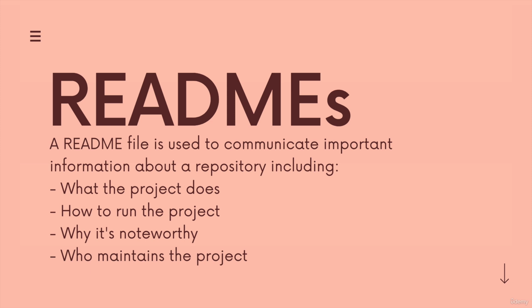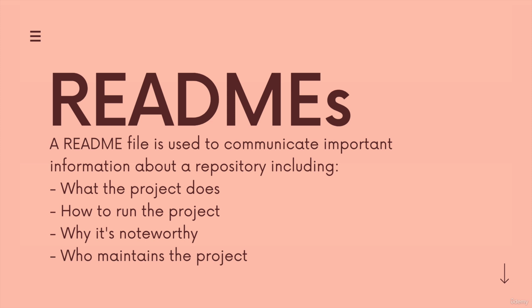It's a file that is supposed to explain what your project does, whether you're working on some API or a web application, a video game, or even if you're a government using GitHub to make laws and legislate, whatever your repo is, the README file should include information about what the project does, what it's for, who it's for, how to get started with the project, how to run it and install dependencies if necessary, why it's noteworthy, who maintains the project, how to collaborate on the project, how to get help. Not all of that has to be there, but if there's important information you want to convey to somebody coming to your project for the first time, then put it in the README file.